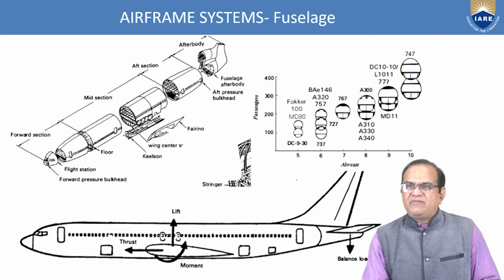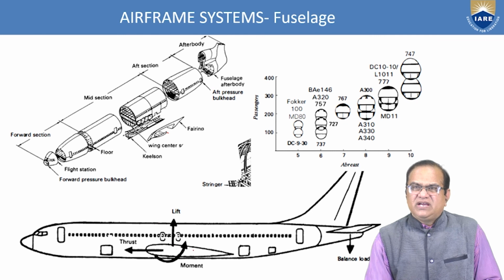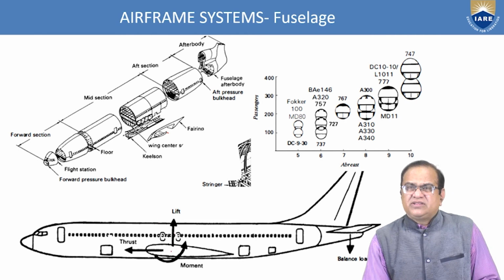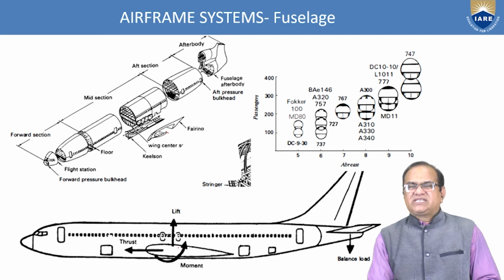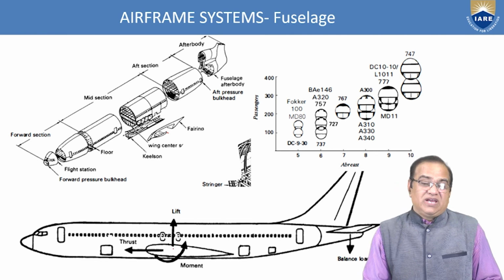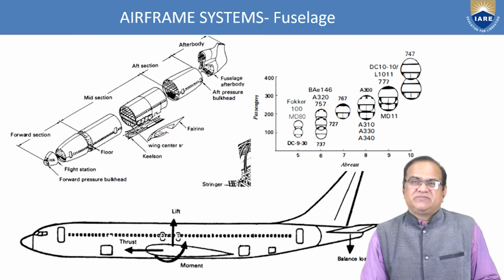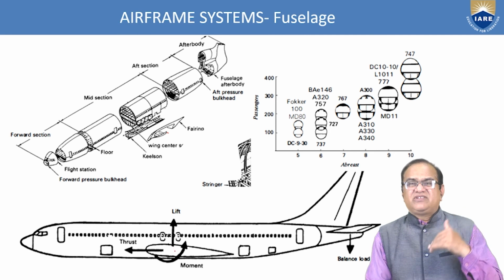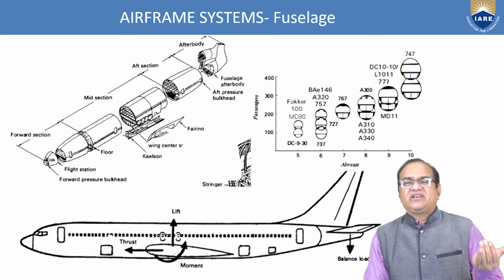If you see this diagram, in the wing the lift is generated, along with the thrust by the engine, drag, and the moment. Everything is generated mostly by your wing, and the thrust means the engine. The engine is fixed on the wing. So the wings are generating lift, moment and drag.